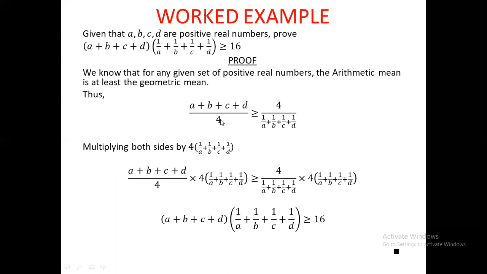In this case, we started off from the fact that arithmetic mean is greater or equal to harmonic mean. And what we did was just simplifying, and we got to the point where our final result was what we are required to prove, and so we are done.